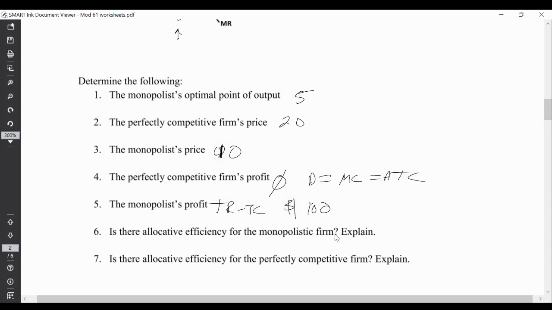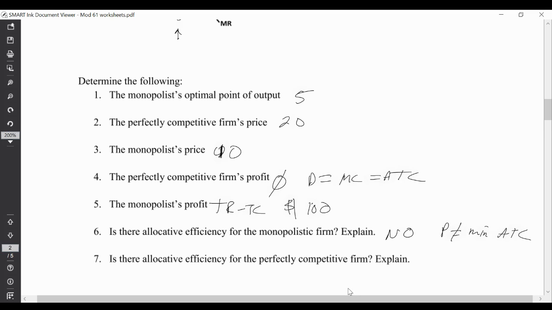Well, no, there's not allocative efficiency in a monopoly. The price is above the marginal cost, so there's no allocative efficiency. And there's no productive efficiency also, because the price is not equal to the minimum of the average total cost curve.